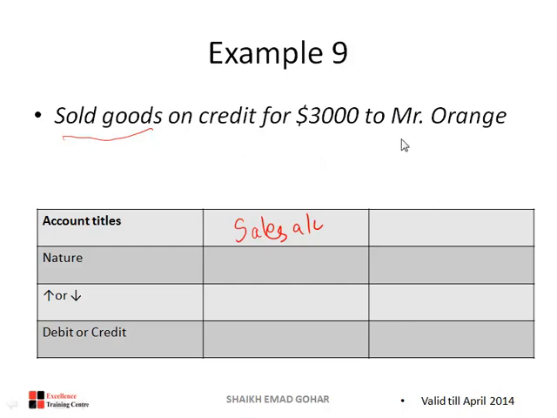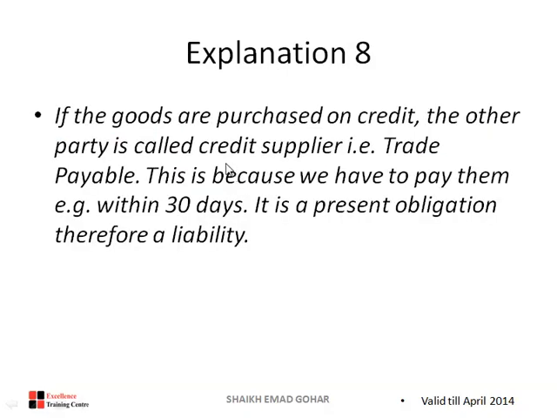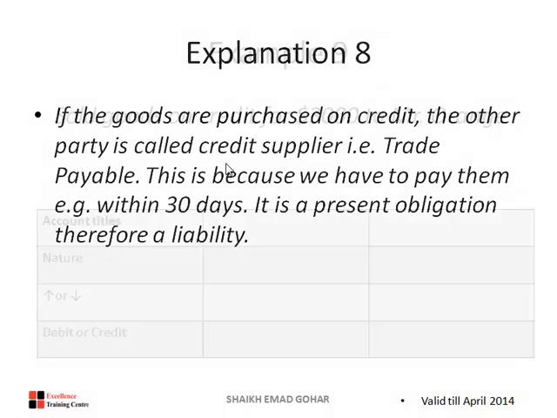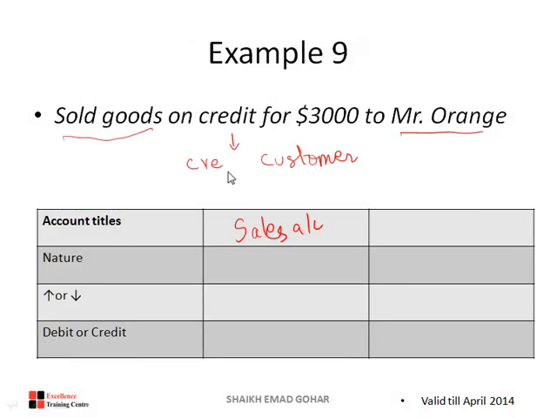So Mr. Orange is your credit customer. What is the word we use for credit customers? I told you in the last class. We call them trade receivables, because we are trading with them and we need to receive from them in the future.